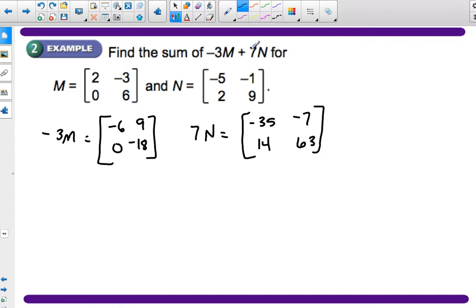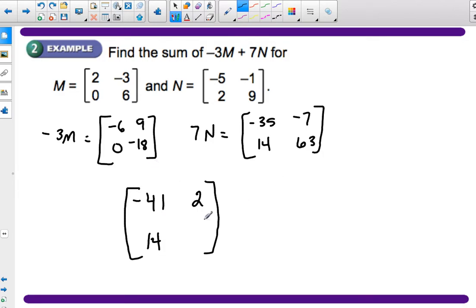Okay, now we are told to find the sum of these two values. So adding these two together, we end up with negative 41, positive 9 plus negative 7 is 2. And then 0 plus 14 is just 14.